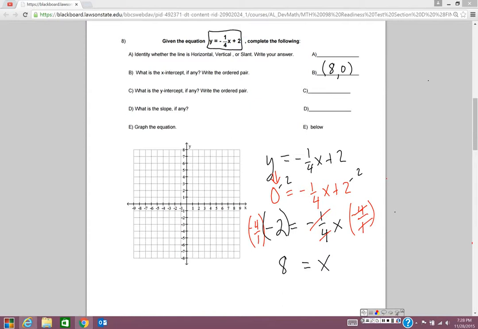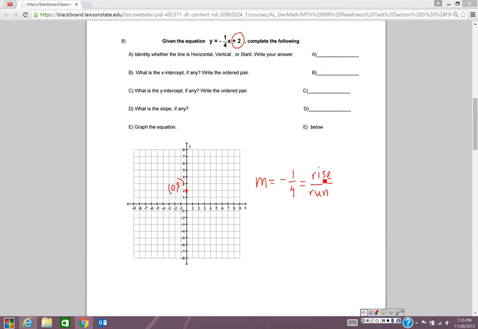So we can use the information that you were asked to give and use it to your advantage when graphing. So 0, 2 would be here. Notice that the y-intercept intercepts the y-axis. Go ahead and label your points. That's a good tip. 0, 2. And then since our slope is negative 1 over 4, we will rise over run.